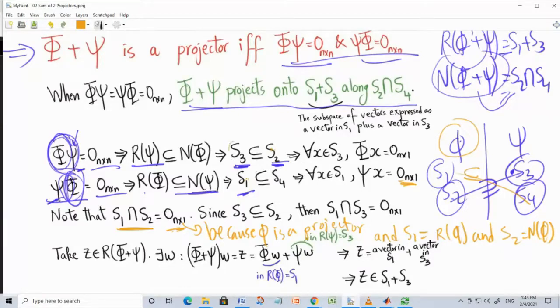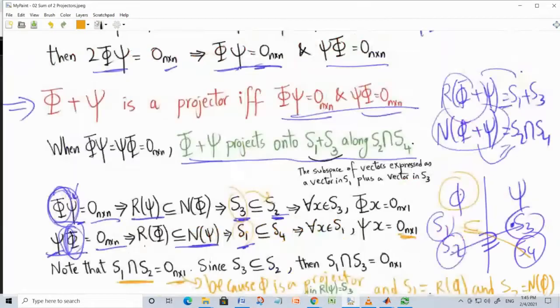And so S3 is living in S2, and the intersection between S1 and S2 is the all zero vector. So it means that the intersection between S1 and S3 is just the all zero vector.